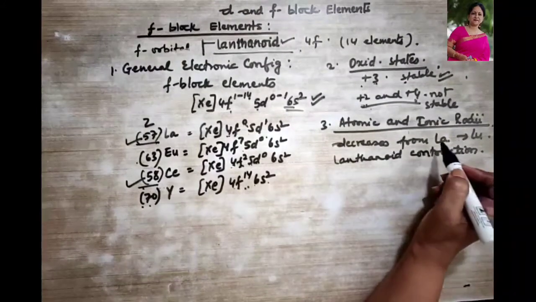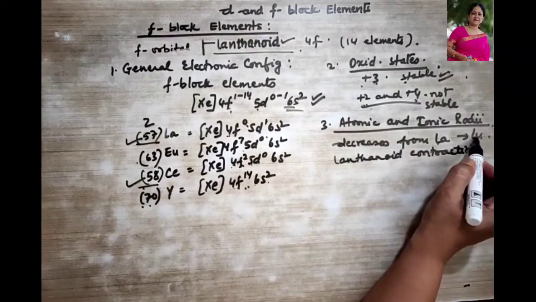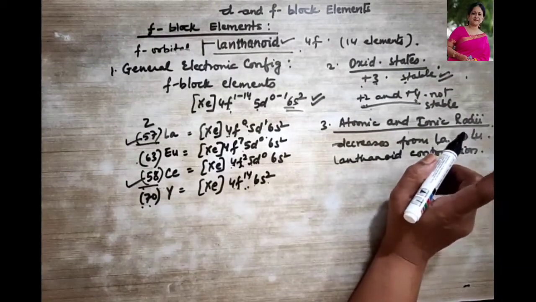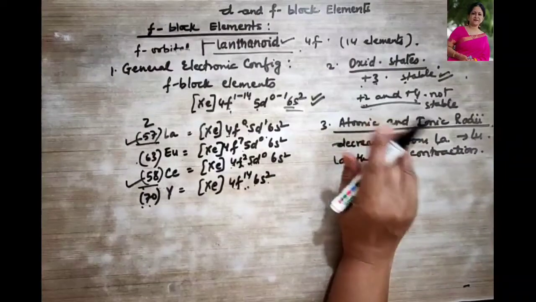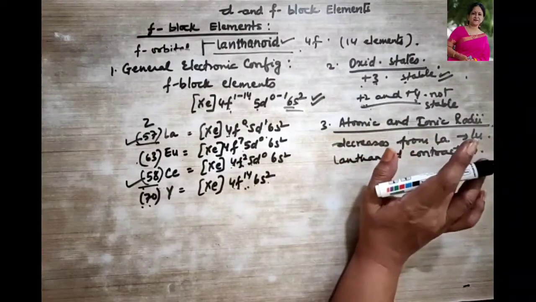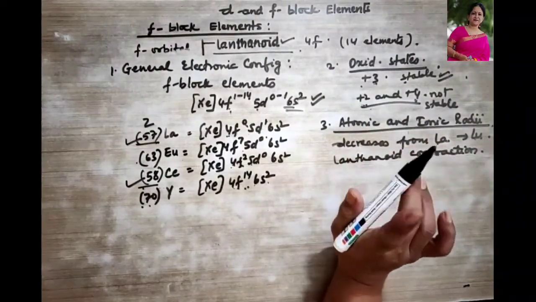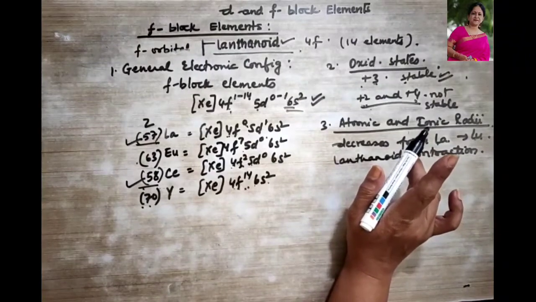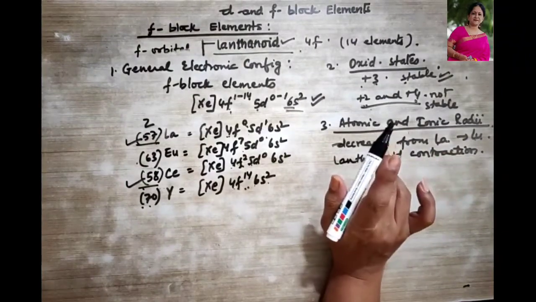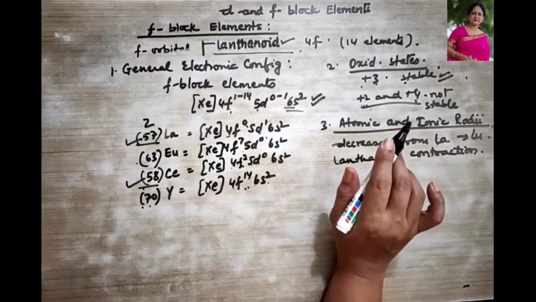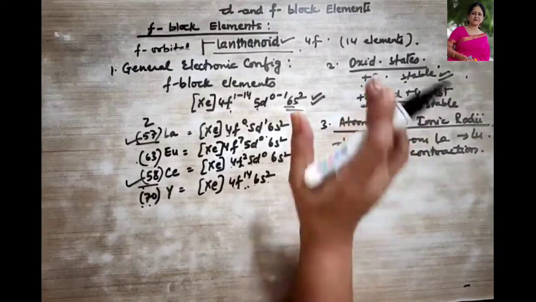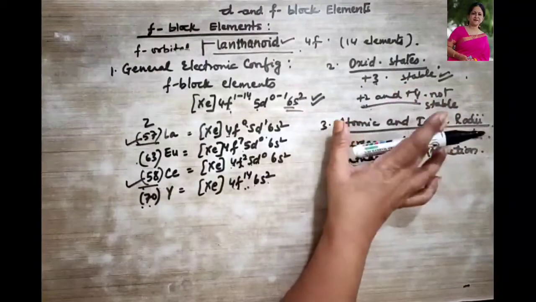Now, moving from lanthanum to lutetium, the size of the atoms and the ions always decreases regularly, right? The 4f orbitals containing electrons are too diffused to screen the nucleus as effectively as the more localized inner shell.